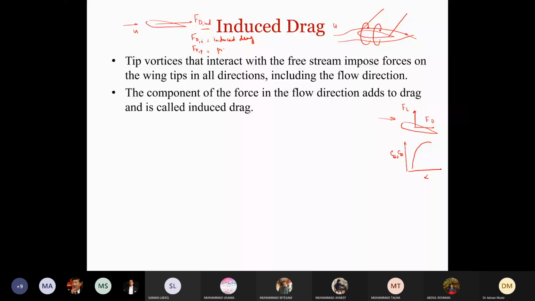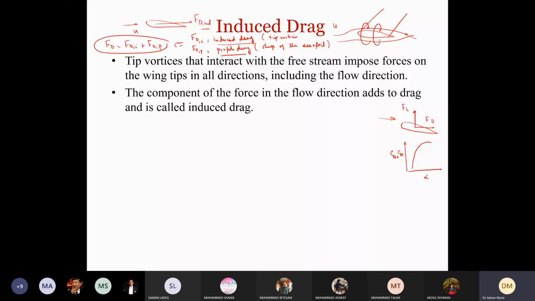Profile drag is because of the shape of the aerofoil. Different shapes of the aerofoil will give us different profile drag. And then we have induced drag. Induced drag is because of the tip vortices, right? So the total drag force will be equal to F D equals F D I plus F D P. This is how we find it.